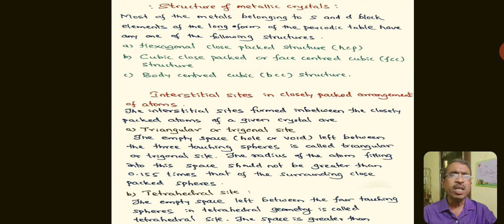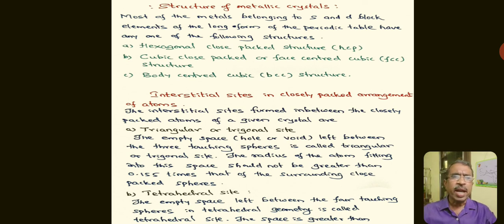Now let us study how much space is there between the atoms in different crystals. The interstitial sites formed between closely packed atoms of a given crystal are the triangular or trigonal site, the next is the tetrahedral site, and the third one is the octahedral site.